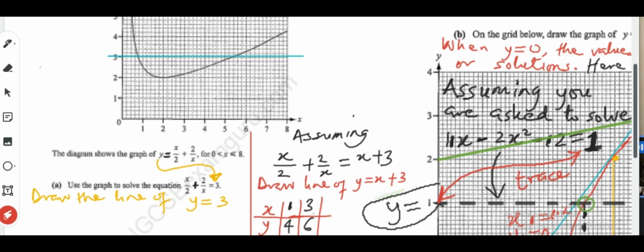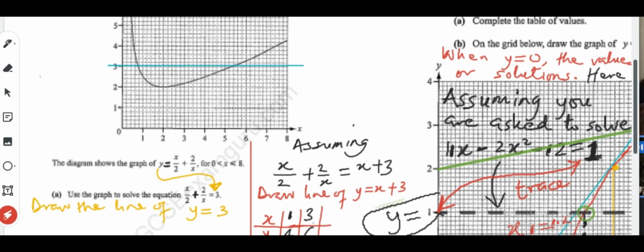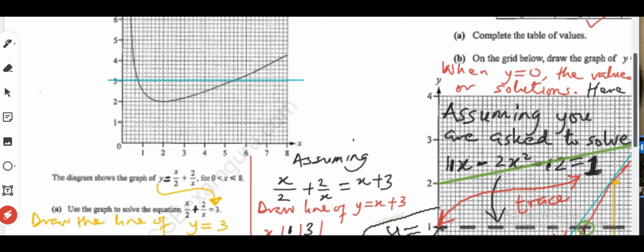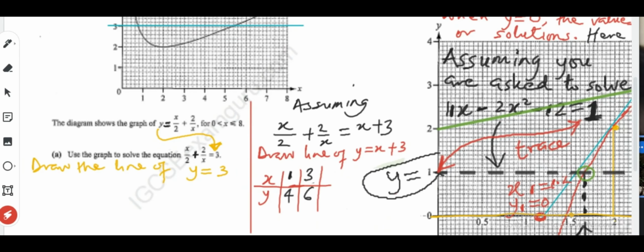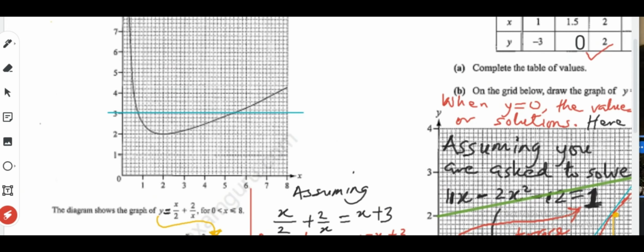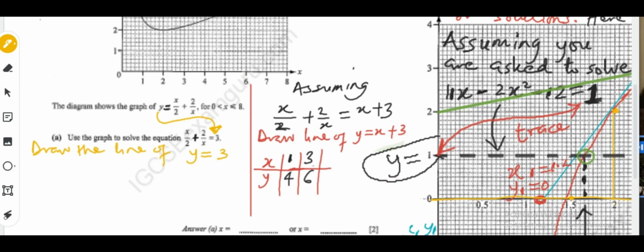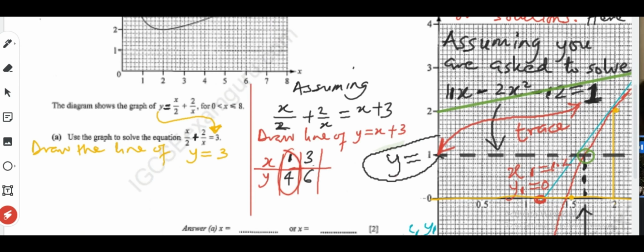I just want us to practice it before. When x is 1, y is 4. We would have plotted somewhere here. Even though that's not what we're asked to do, let's just practice it, because we are going to encounter this question very soon.